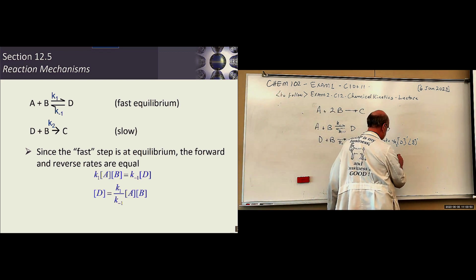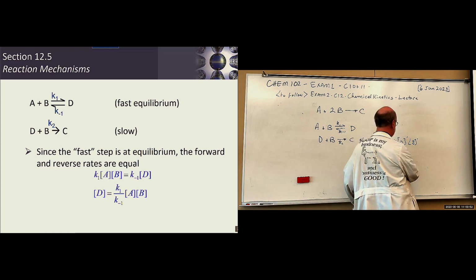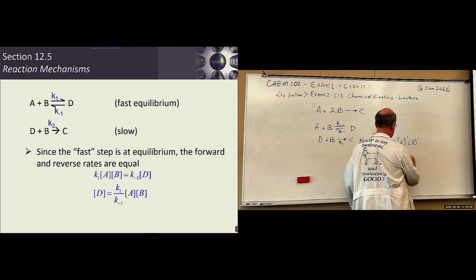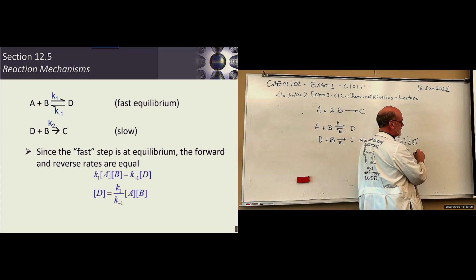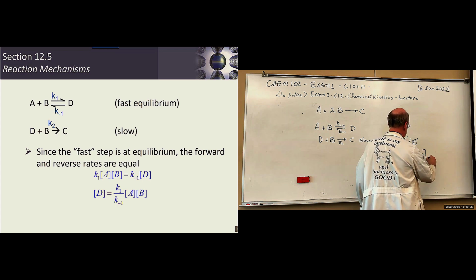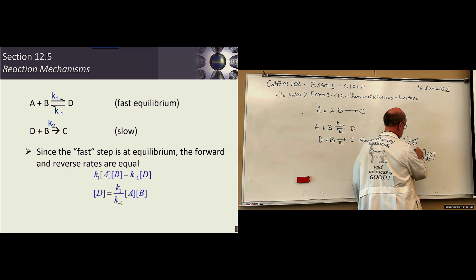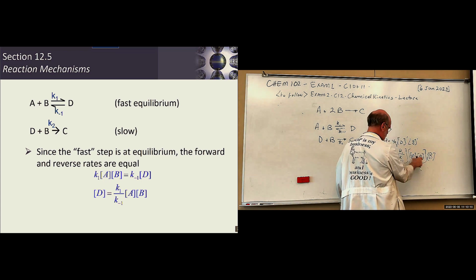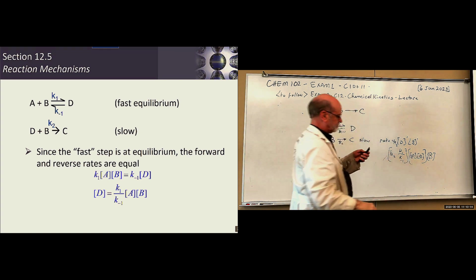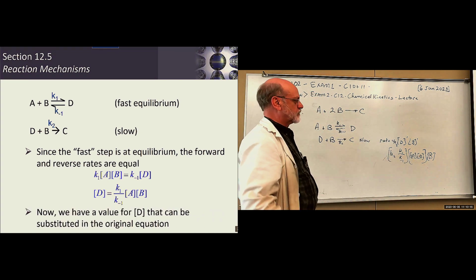So this becomes K2, and then the substitution is K1 over K minus 1. And then we substitute for D, which is A B. And then B is still out here, right here. And this one is this one and those two. So now we just have to reduce it.